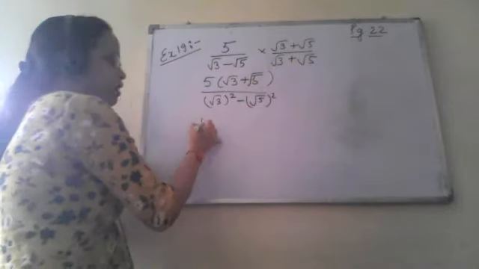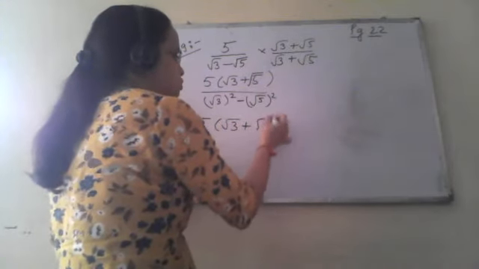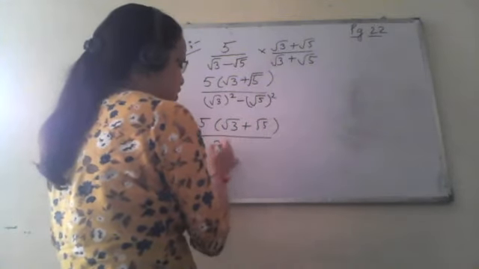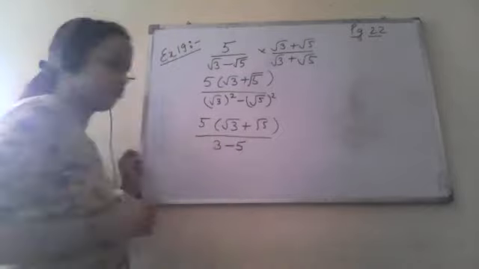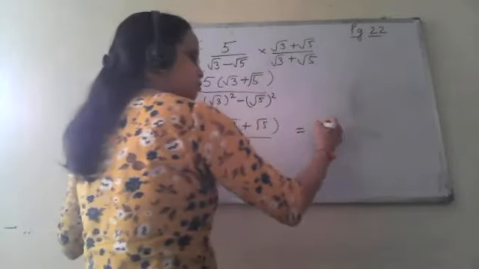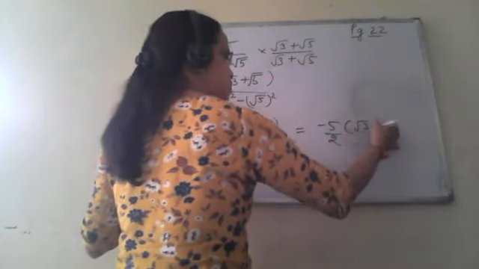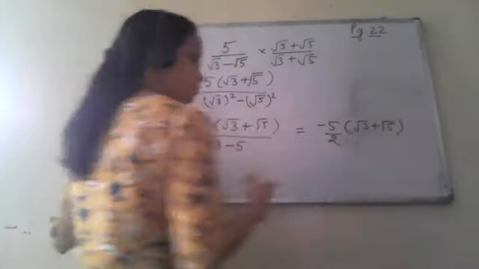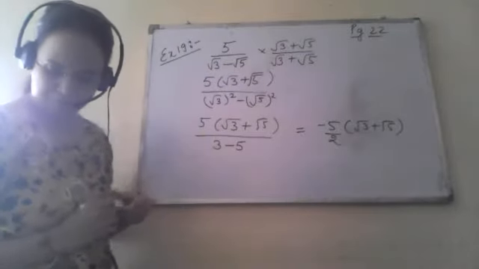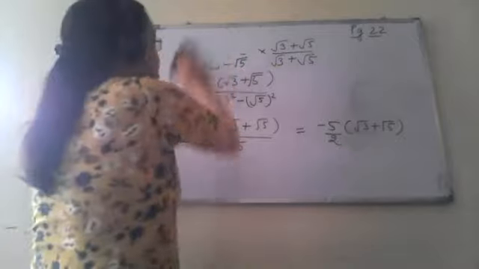So it will be 5 into root 3 plus root 5, and this will be 3 minus 5. Okay, what is 3 minus 5? It is minus 2. So our answer will be minus 5 upon 2 into root 3 plus root 5. So this is the answer. Okay. Now next example.